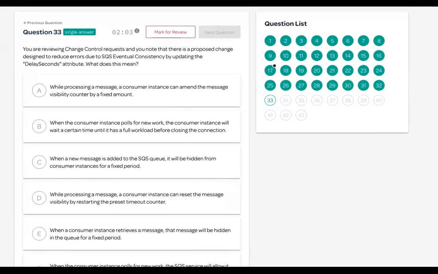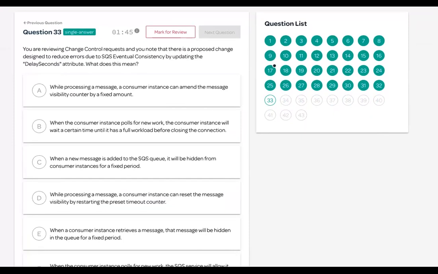You are reviewing a change control request and you note that there is a proposed change designed to reduce errors due to SQS eventual consistency by updating the delay seconds attribute. What does that mean?